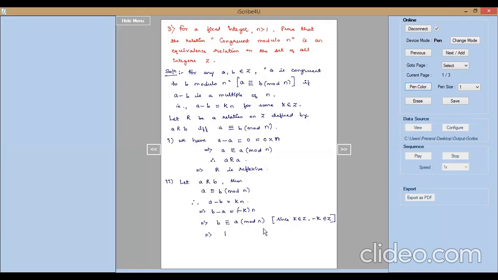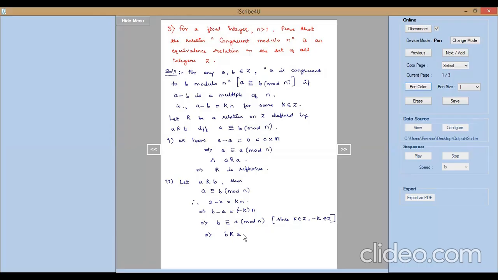This says B is related to A. So we started with A is related to B and now we have proved that B is related to A. So for every A, B belonging to Z, we have proved that (A, B) belongs to R implies (B, A) also belongs to R. Therefore, R will be symmetric.